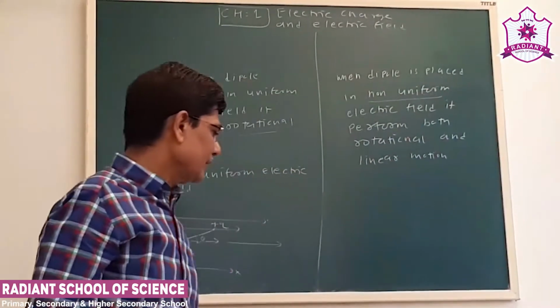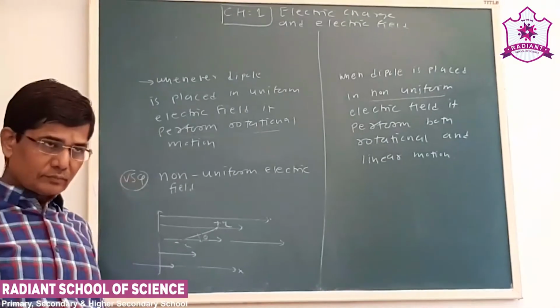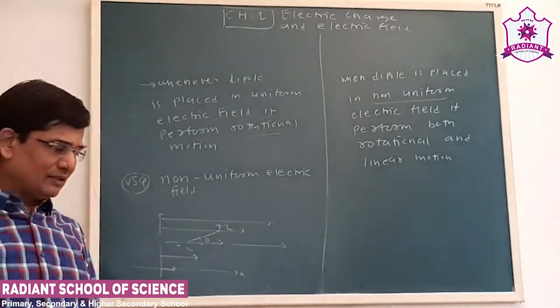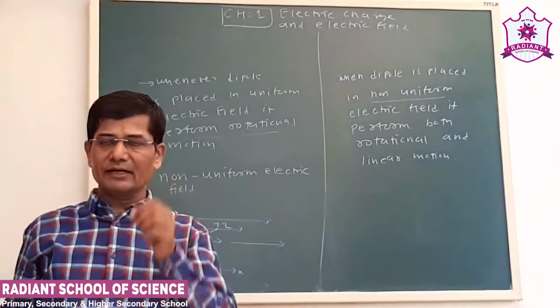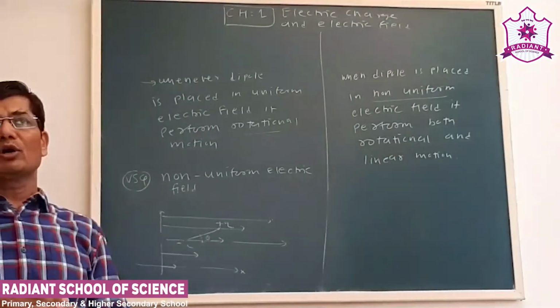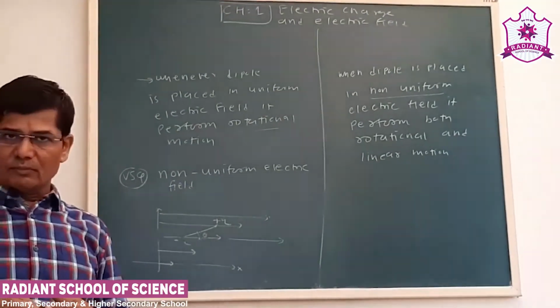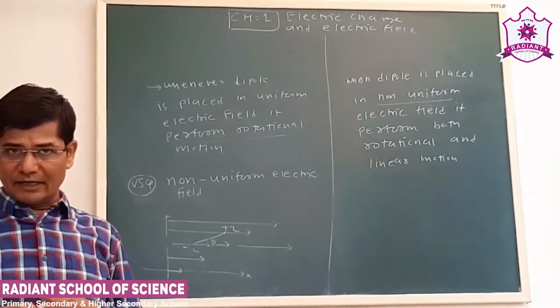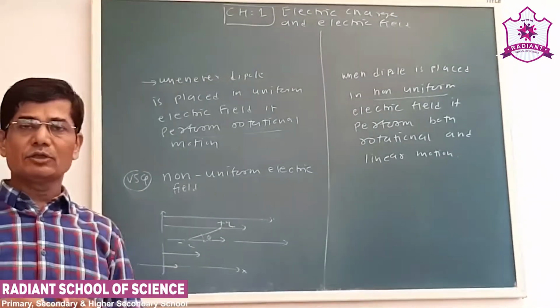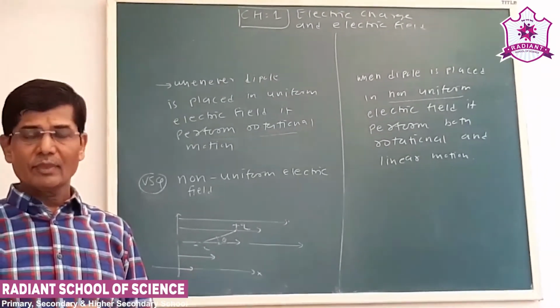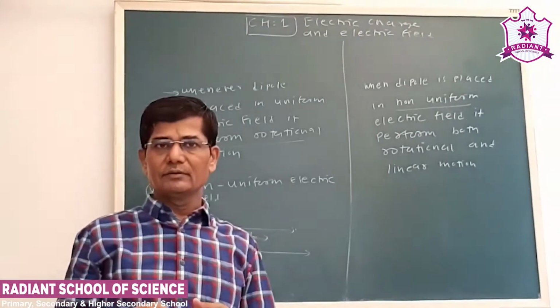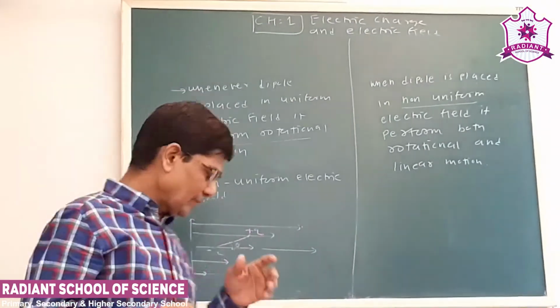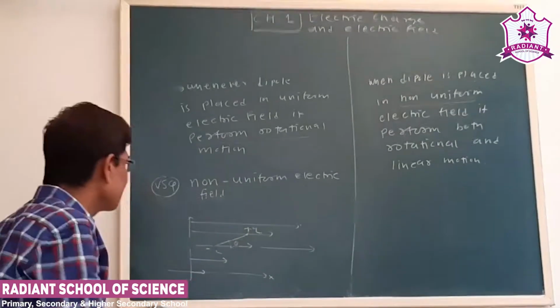Now next, we have to see the distribution of charges. Initially, we talked of the electric field of a point charge. Then we talked of the electric field of a system of point charges. That was discrete charge. We talked about the electric field of an electric dipole. Now we have to see the continuous distribution of charge. In that, we have to see three things.